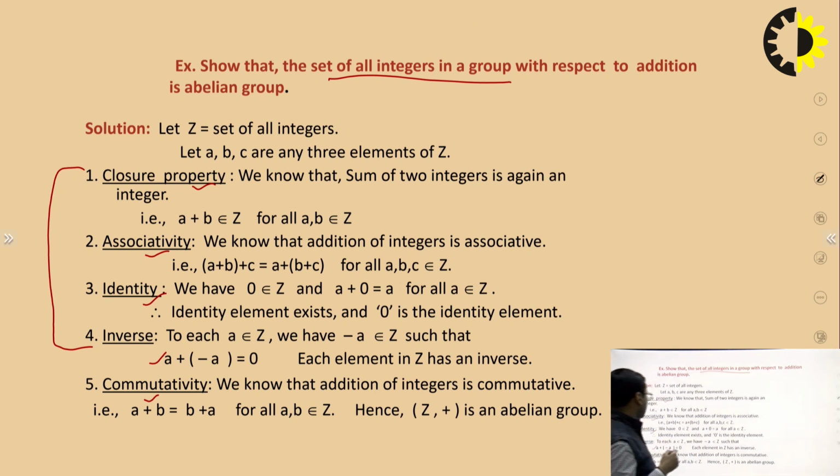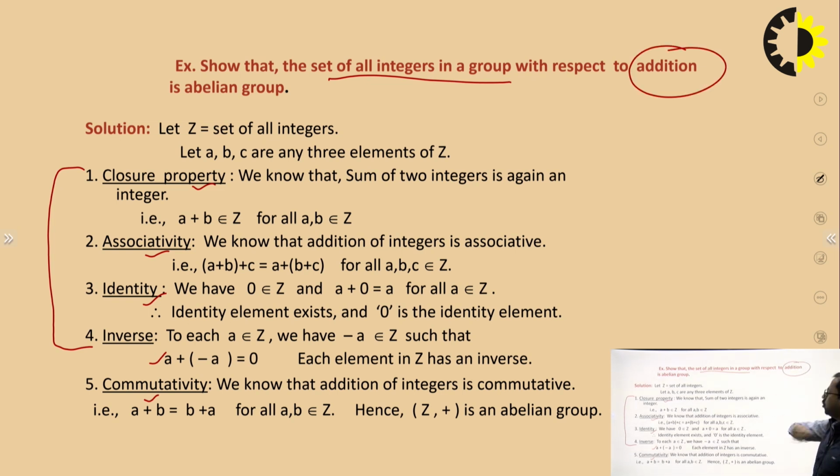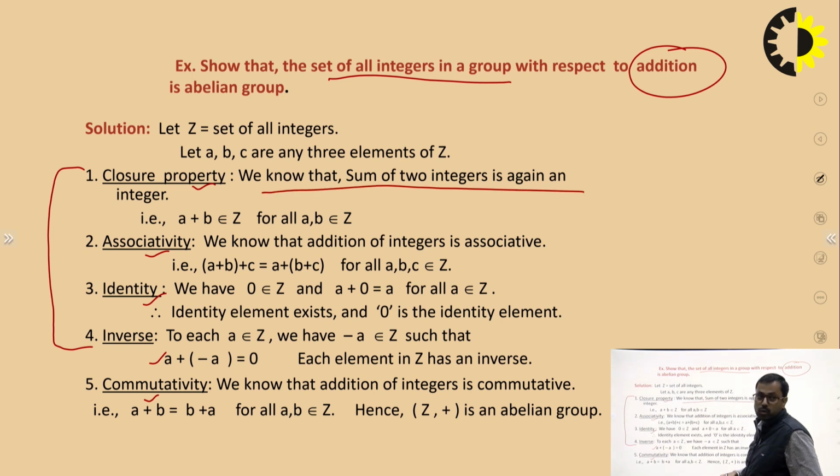From this example, we can prove that the set of all integers in a group with respect to addition, which is the binary operation basically used in the algebraic system, is the abelian group. The reason is the closure property: after applying addition on integers, the resultant will also be an integer. Here all integers are mentioned.